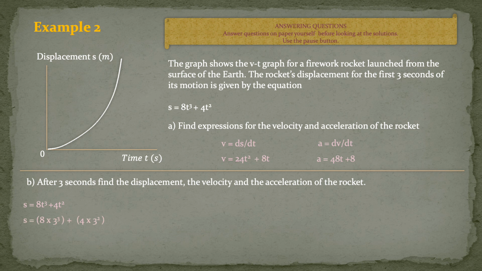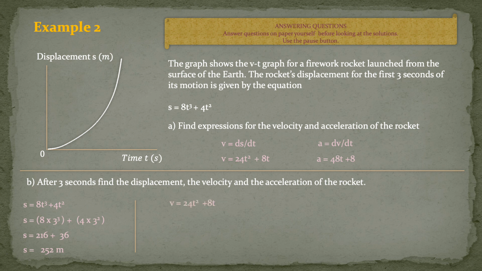We substitute in a value of time of 3, and our displacement turns out to be 252 meters. So this rocket has ascended to a substantial altitude even after 3 seconds.